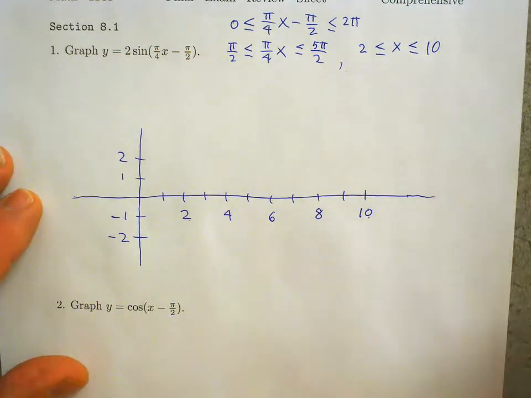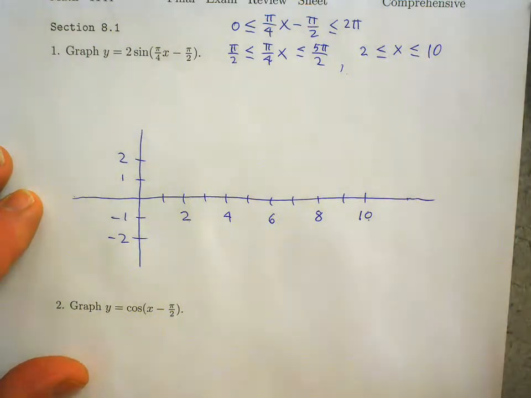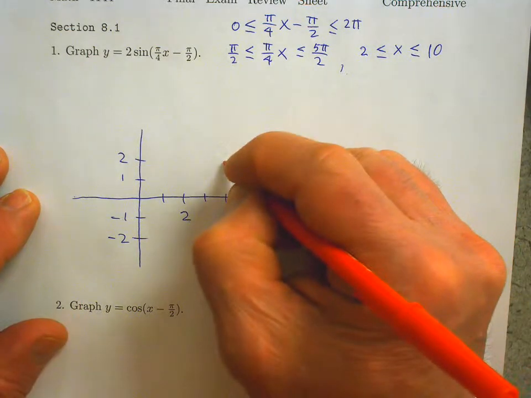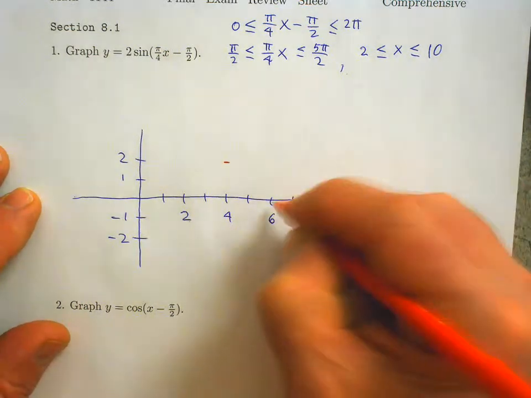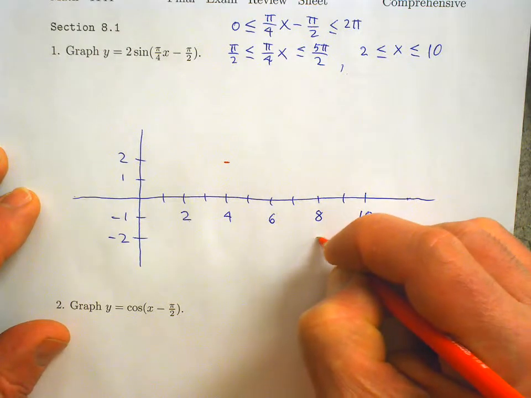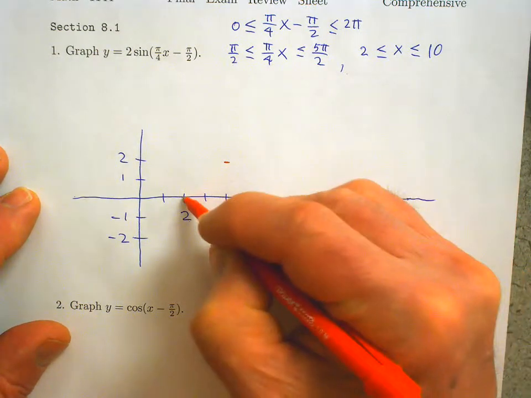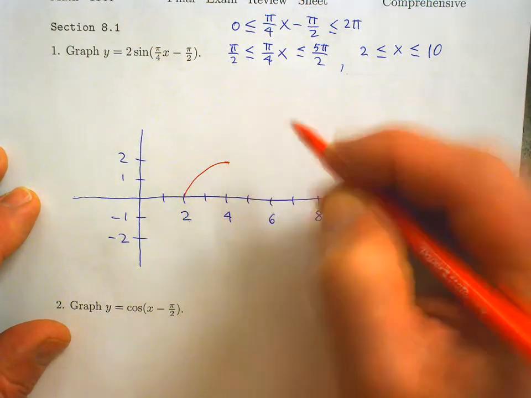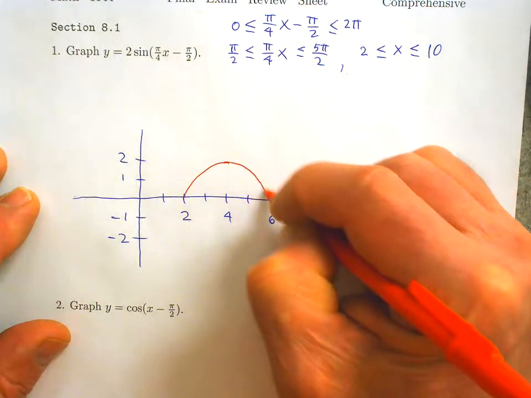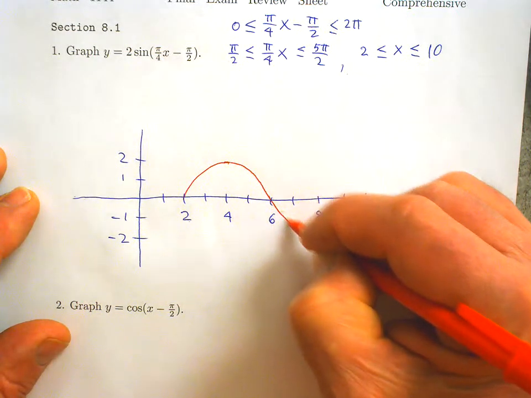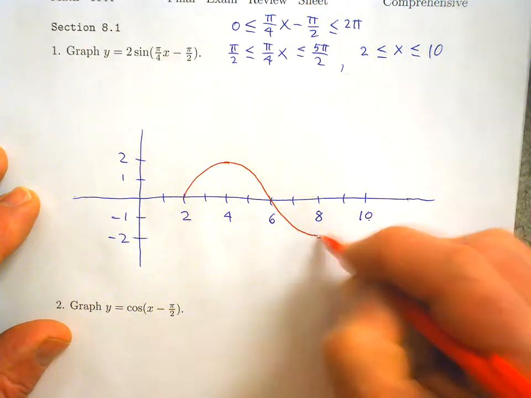So I'll go ahead and sketch what I believe the graph is going to look like, and then we can verify afterwards that it's correct. So this is what I believe the graph is going to look like, at least as best as I can graph it.